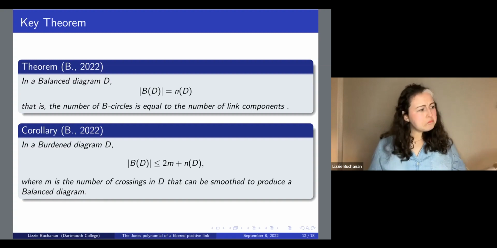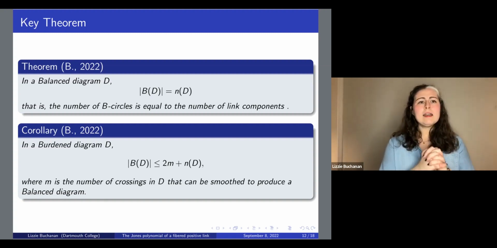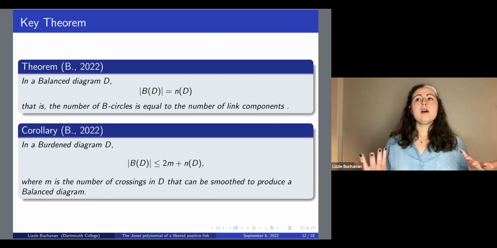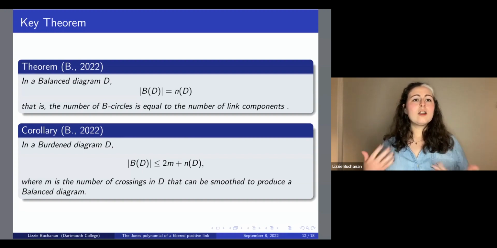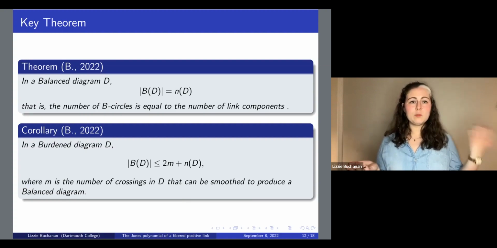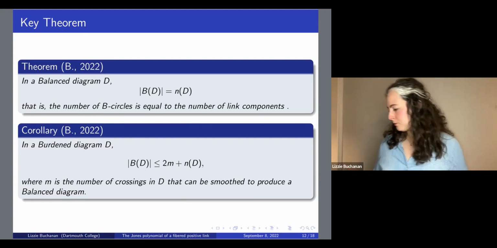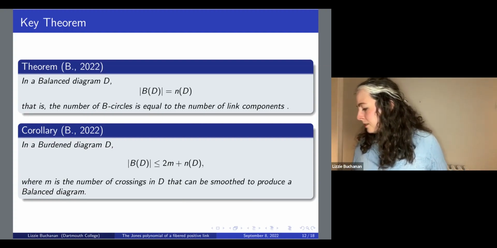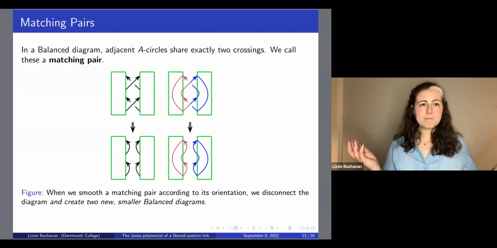So, but let's dive a little bit deeper, and I'm going to explain some more concepts relating to these diagrams that are involved in proving this theorem about the balanced diagram, where there's a balance between the number of B circles and the number of link components. So the first one is the concept of matching pairs.